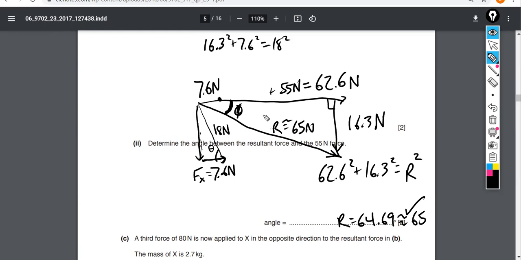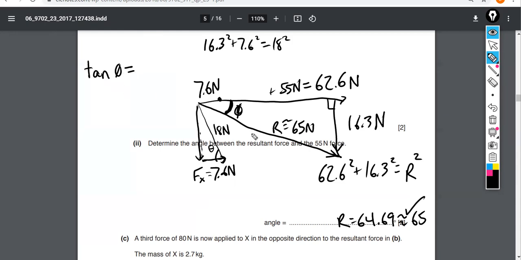So you can use any trig function that you want to solve for this angle, because we know everything about this triangle. We know that it has a leg equal to 62.6, a leg equal to 16.3, and a hypotenuse equal to about 65, 64.69. So I'll solve it with my favorite trig function, the tangent function.